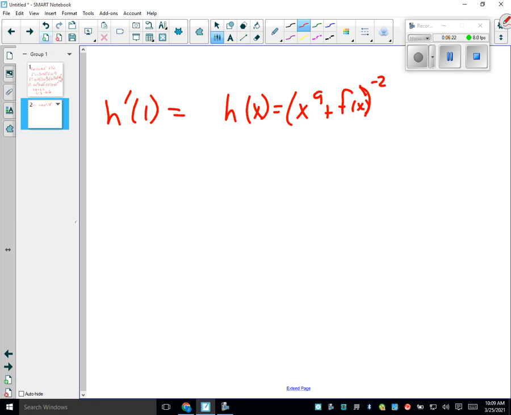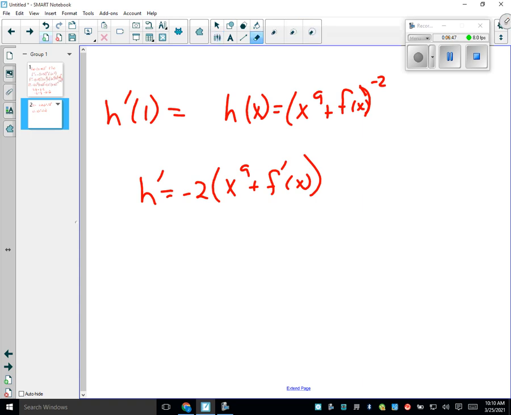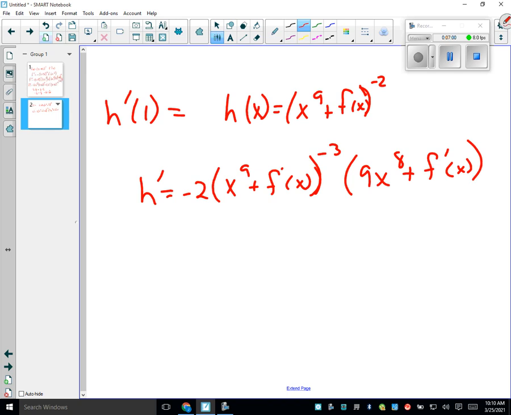I'm a little confused by what I've got written. H prime is equal to -2 x to the 9th plus f prime of x, right? Wait, I thought we would leave that and then we would do the outside. Oh, you're right, I don't know why I put a prime. This to the -3 times 9x to the 8th plus f prime of x, times 1.